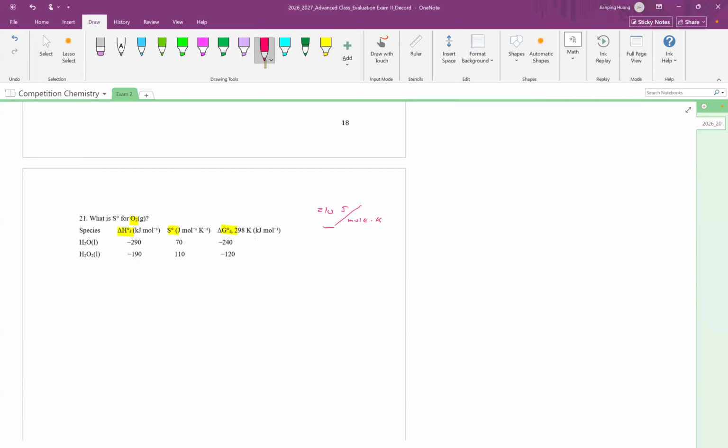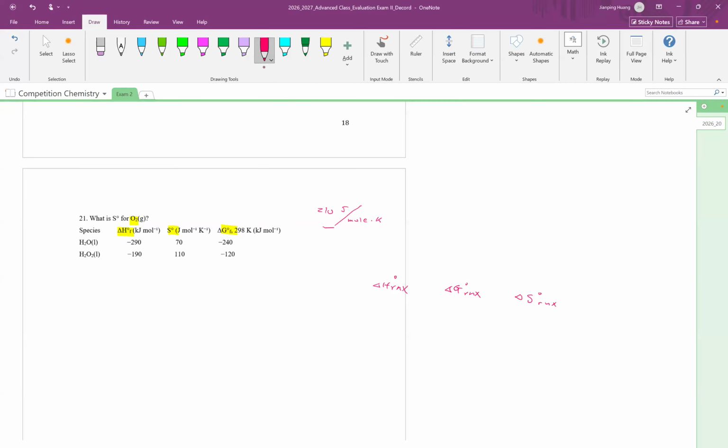The way to do that is that you are going to calculate delta H reaction standard, you are going to calculate delta G reaction standard, then you are going to find out delta S reaction.